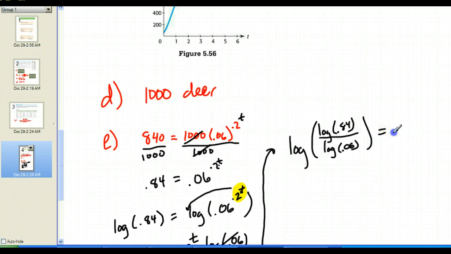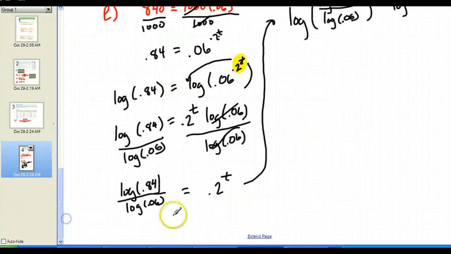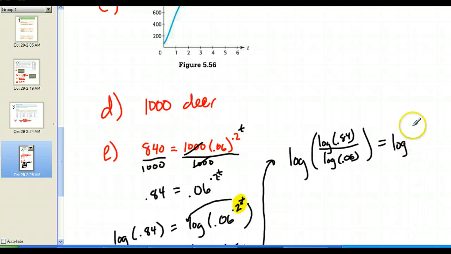Right, and that equals the log of 0.2 to the t power. Oops. Did it again. 0.2 to the t power. Now again, just like before, this is going to allow me to bring that t down.